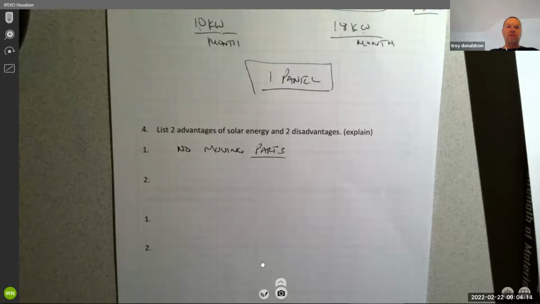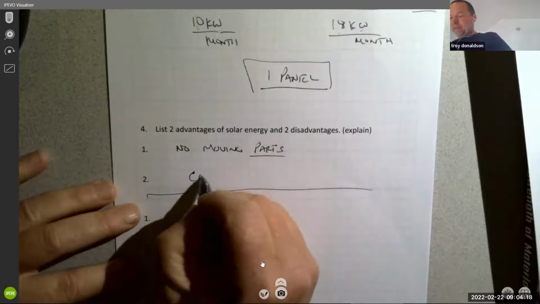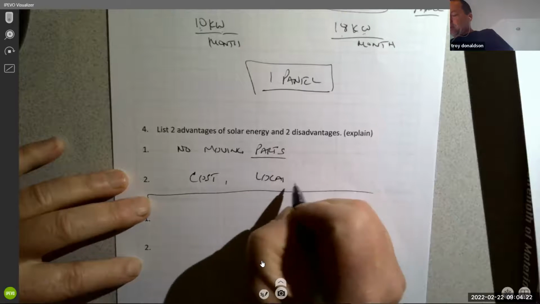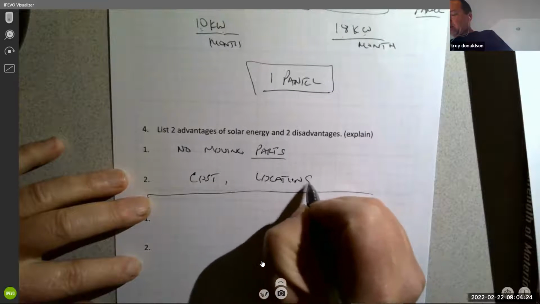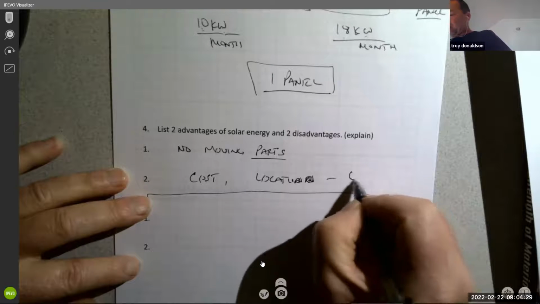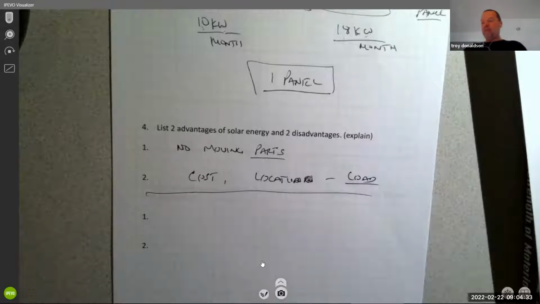So hopefully you came up with 2 solid ones. We got cost, we got location compared to load. Right, those are all very big advantages. Availability, it's available to everyone if you have sun, where hydro's not, right, or geothermal's not.